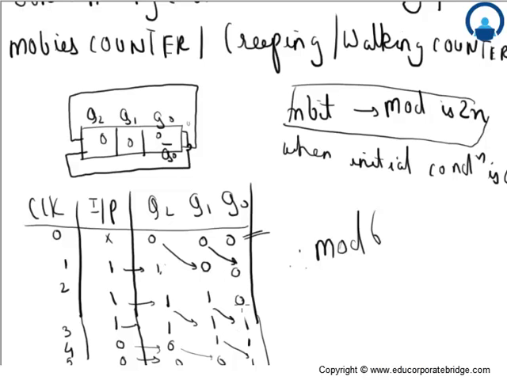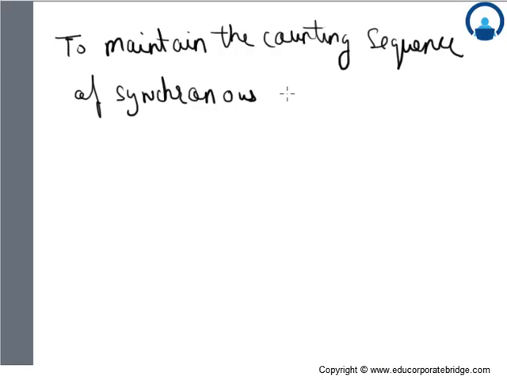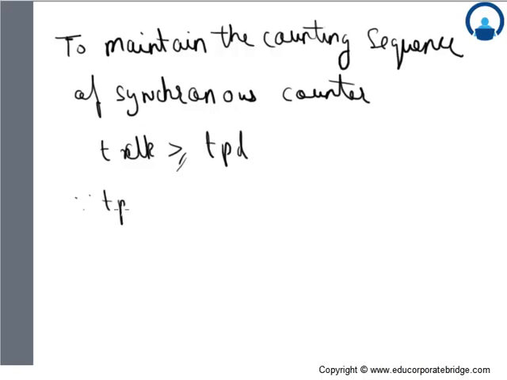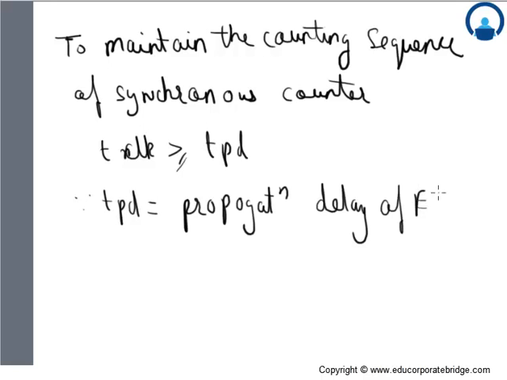To maintain the counting sequence of a synchronous counter, the condition is very crucial, like it was for the asynchronous counter: T clock should be greater than or equal to TPD, where TPD is the propagation delay of each flip-flop, and therefore F clock should be less than or equal to 1 upon TPD.